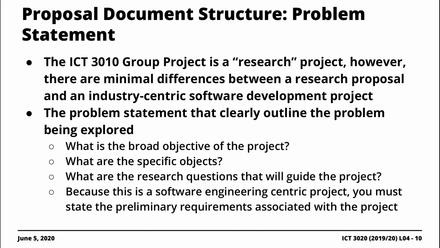And of course, the golden thread in all of this is this artifact that you're developing. So you want to think of what you're doing in terms of this artifact that you're going to be designing and implementing, right? And of course, the research questions will be a direct mapping of these specific objectives. So if you come up with 3 or 4 specific objectives, you must have 4 corresponding research questions. And the idea behind the research questions, again, this is a revision of 2034, is you're using them as a guide as you're embarking on this project.